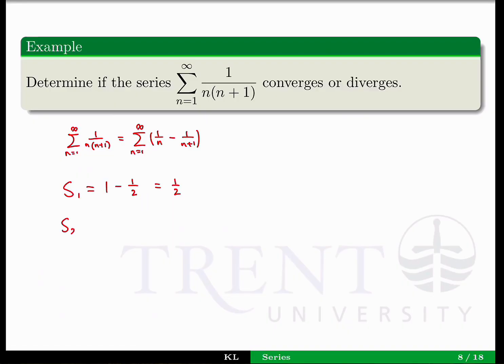Now, what is S sub 2? S sub 2 will be, let us write it here, your A1 plus A2. So n equals 1, n equals 2 here. For n equals 1, we have here 1 minus 1 half, plus n equals 2, you will have 1 over 2 minus 1 over 3.